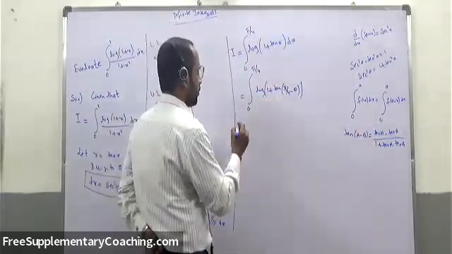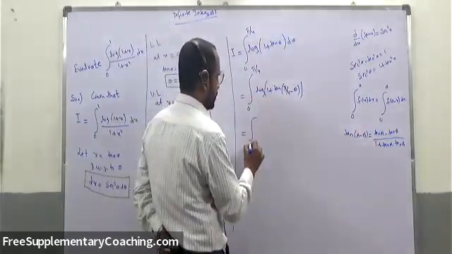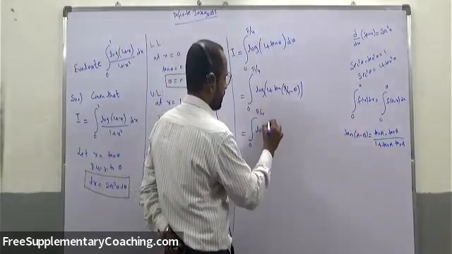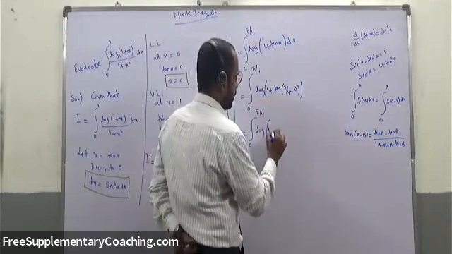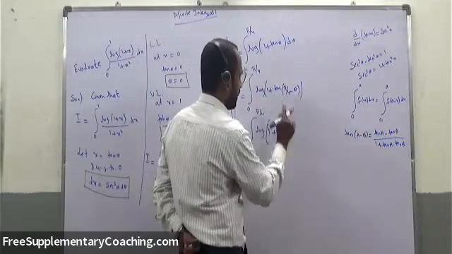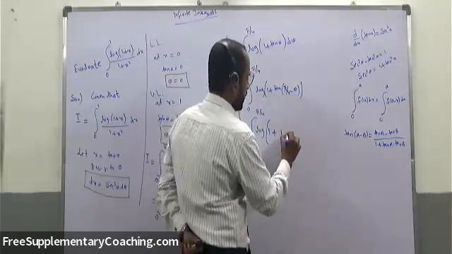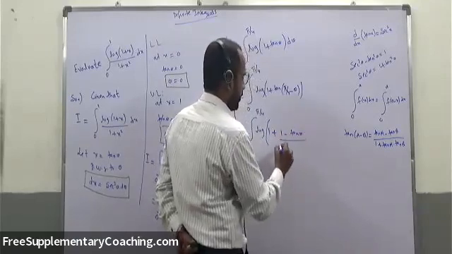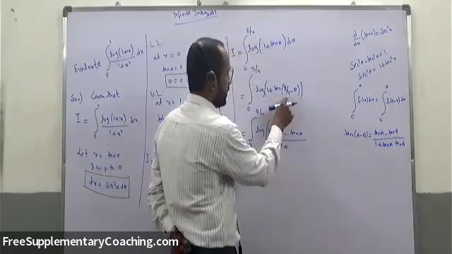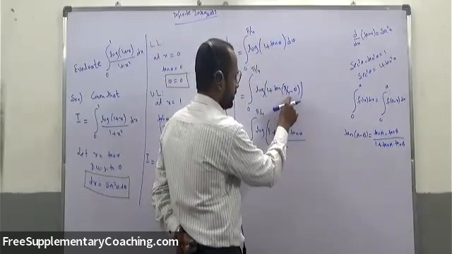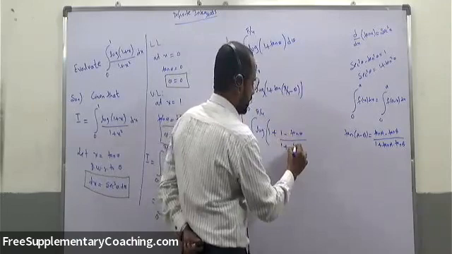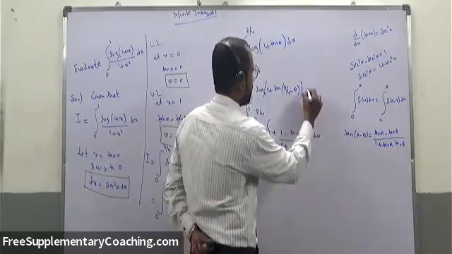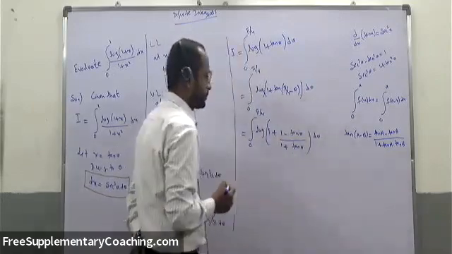So I can write integration of 0 to pi by 4 log as it is, 1 as it is, tan a minus b, tan a, that is 1 minus tan b, that is tan theta, divided by 1 plus tan a into tan b. Tan a is 1 into tan b is tan theta as it is. And d theta, keep it as it is, and here also d theta.